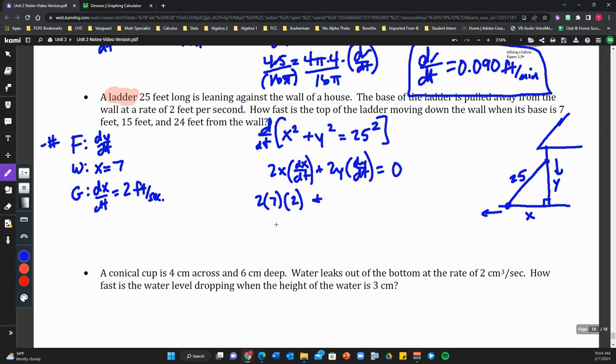But for the y stuff, I don't have a y value or a dy/dt value written down, which means as of right now, I can't actually finish this problem because I can't solve for two variables at the same time. However, when the given moment occurs that x equals 7, in that instance, this creates a particular right triangle where the hypotenuse is 25 and this bottom side is 7.